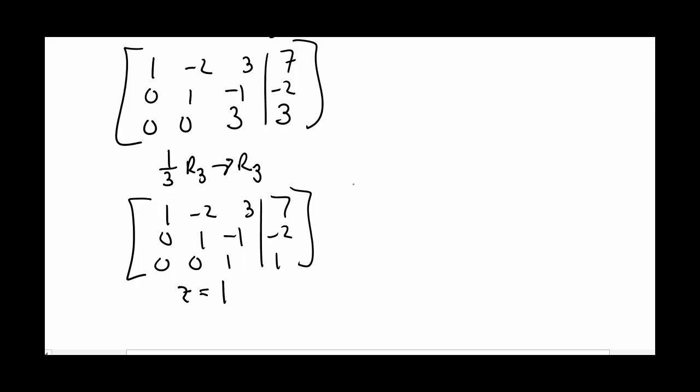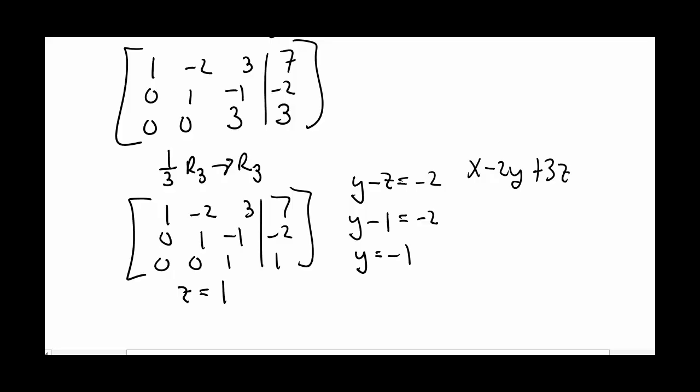So that second row means y minus z equals negative 2. So y minus 1. So y then would have to be negative 1. And then x, so the very top row says x minus 2y plus 3z equals 7.